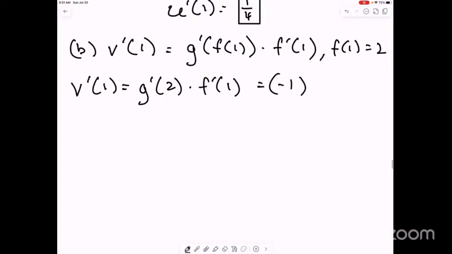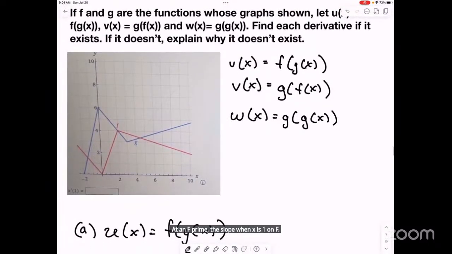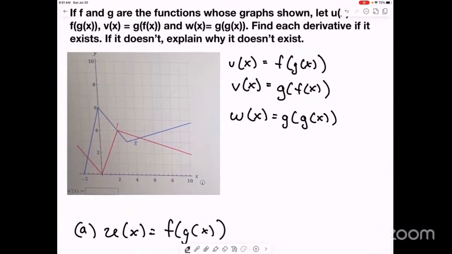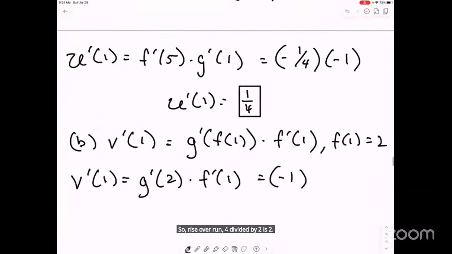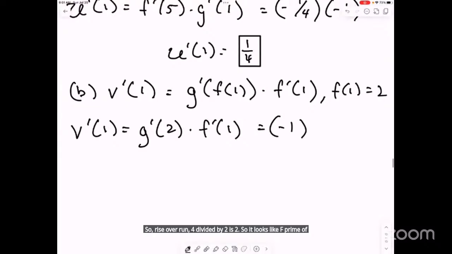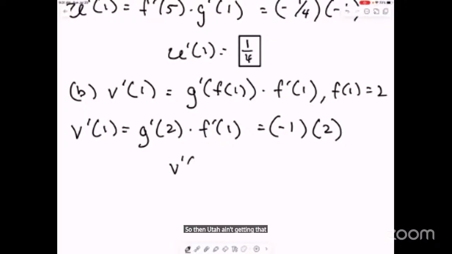And then f prime, the slope when x is 1 on f. 1, 2, 3, 4. So the rise is 4 and the run is 2. So rise over run, 4 divided by 2 is 2. So it looks like f prime of 1 is 2. So then ultimately I'm getting that v prime of 1 equals negative 2.